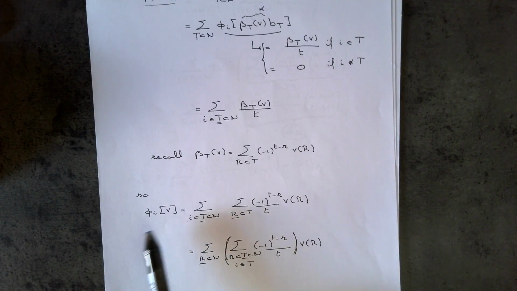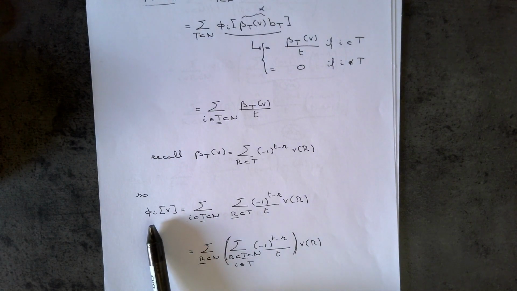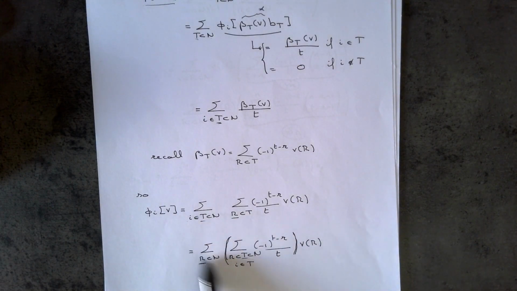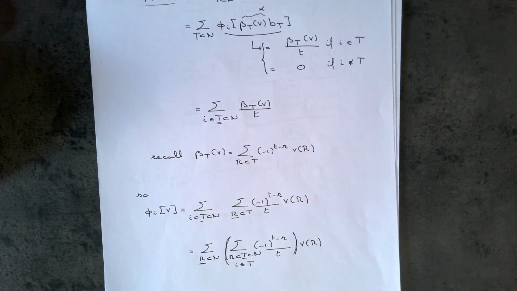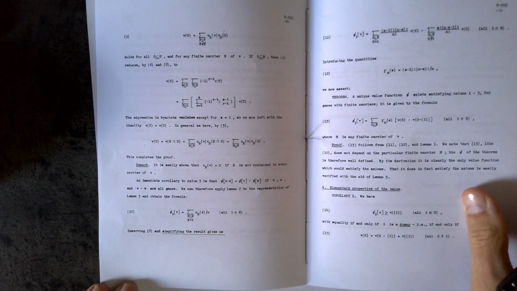So now we arrived at this particular value for phi_i, this rather complicated expression. What we would like to do is show that this agrees with the Shapley value. So it might be instructive to go back to the original paper of Shapley. Now we arrived here at equation 10.